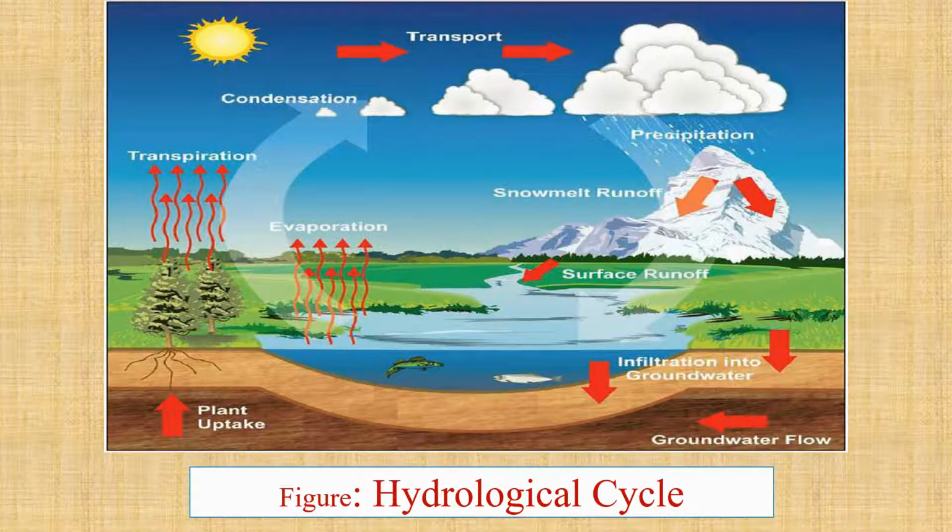When this water vapor reaches a certain height, it condenses. Then clouds are formed. With the particulates in the atmosphere, when the winds transport these clouds to lands, precipitation occurs. In this way, water reaches the surface of the earth again.